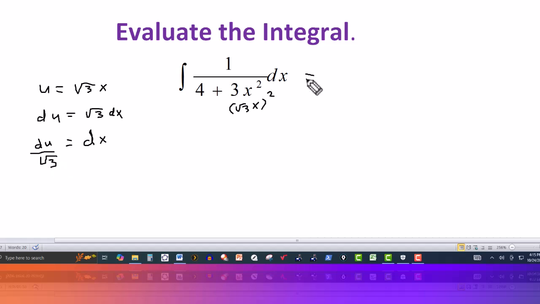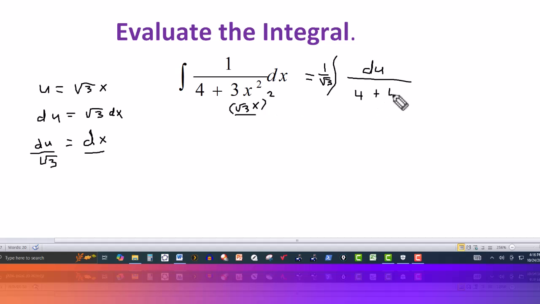So let's see if we can rewrite it so it fits the formula we just looked at. The integral dx right here would be du over the square root of 3. So there's my du. And then I have the square root of 3, but I'll write that out in front. That's a constant. And then the denominator, I have 4 plus, and right here, radical 3x squared, that's your u.